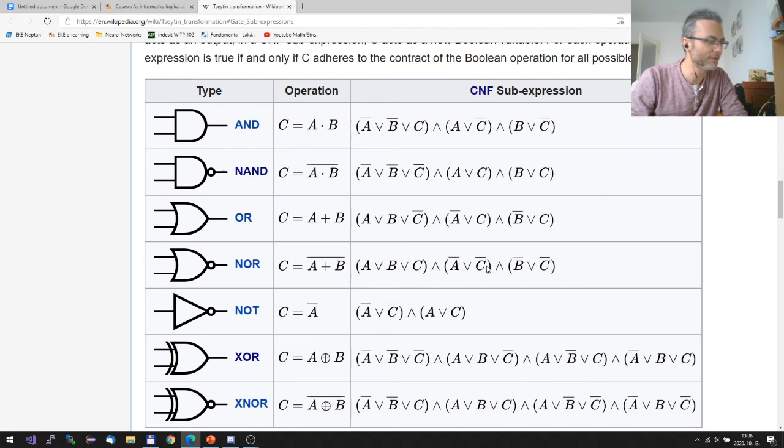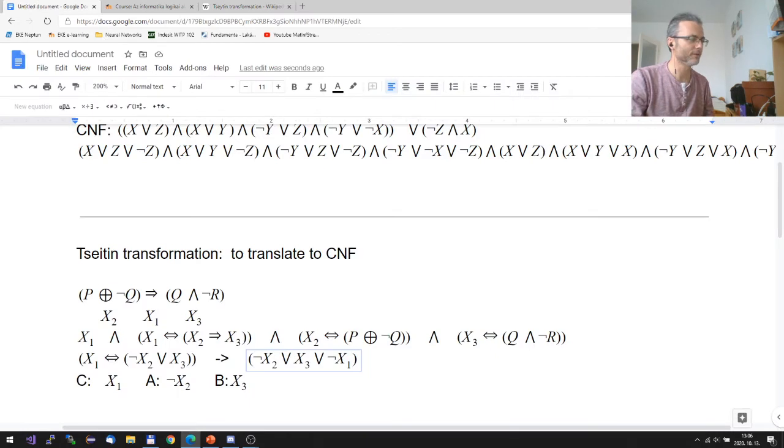Okay, then let's continue. Here we have the second clause, not B. This upper line denotes negation. Actually, this is an alternative notation for negation. Not A or C. So could you tell me what it becomes?